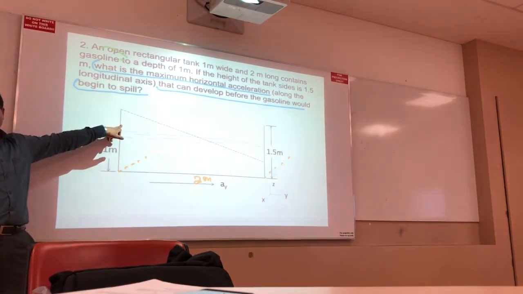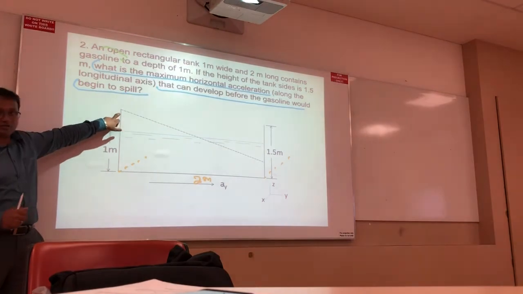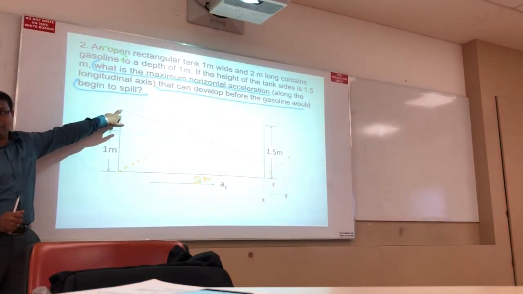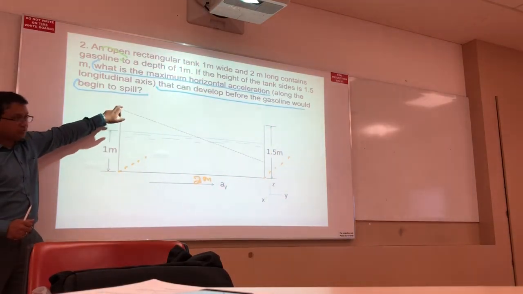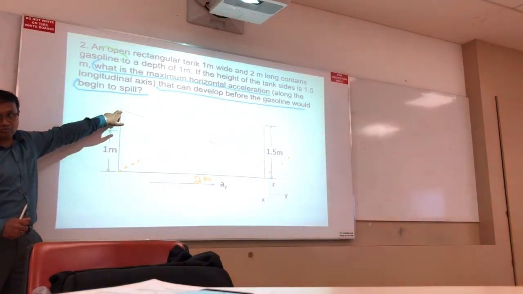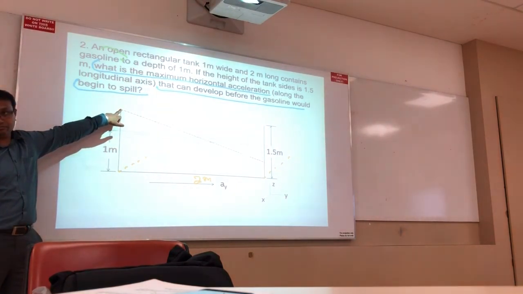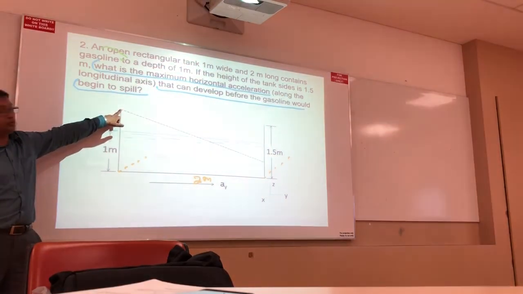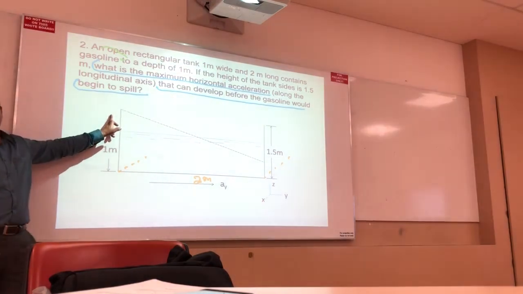This is not the maximum. Slightly more, it comes here, more, it comes here. So this should be the maximum. When the water level reaches the top of the tank, you can find the maximum acceleration. Otherwise, if you push further, the water will spill.